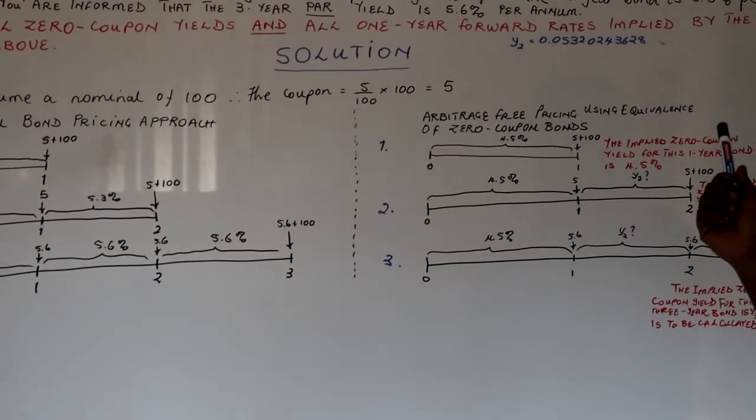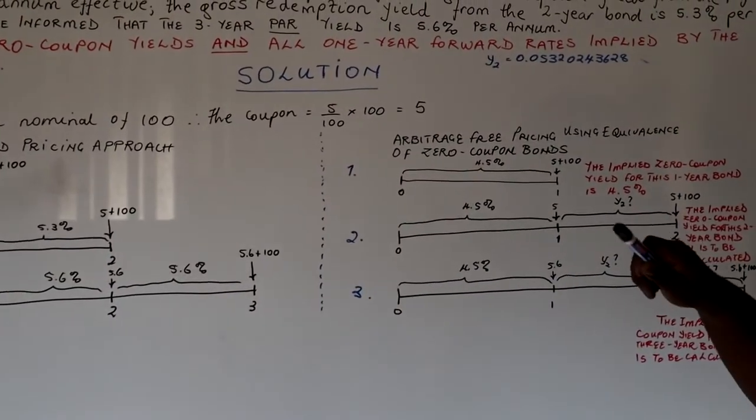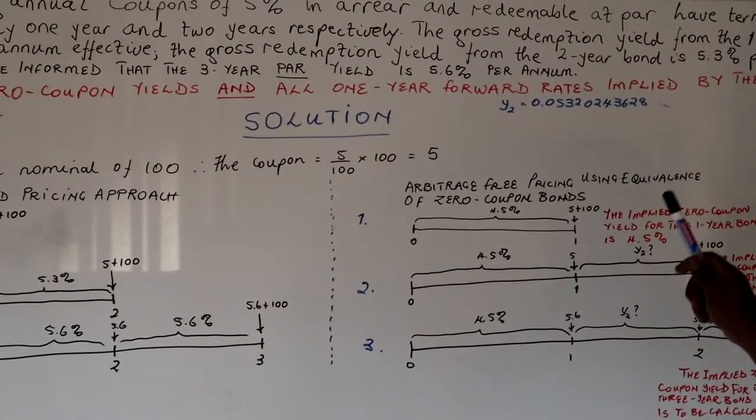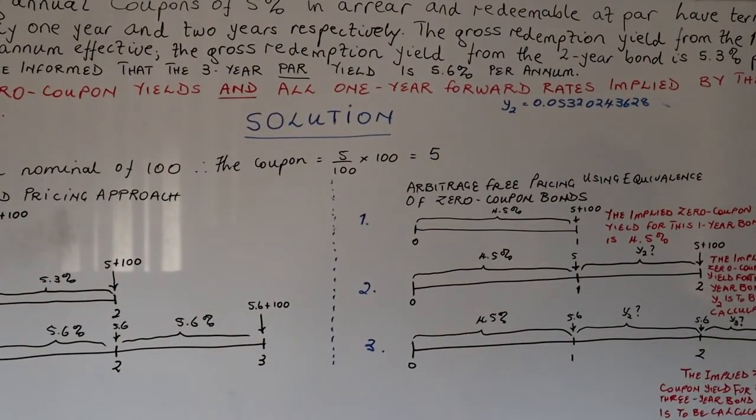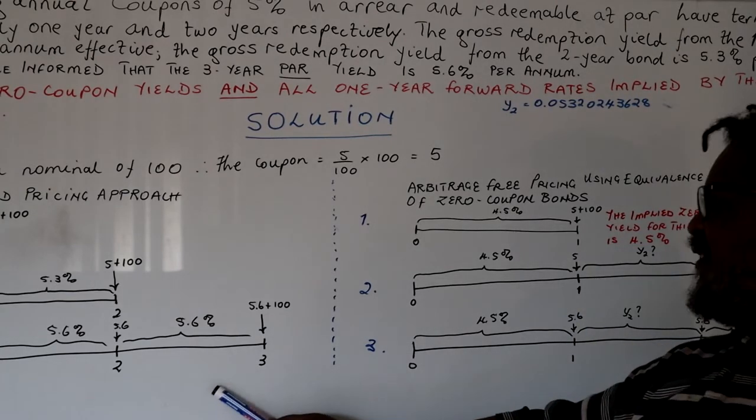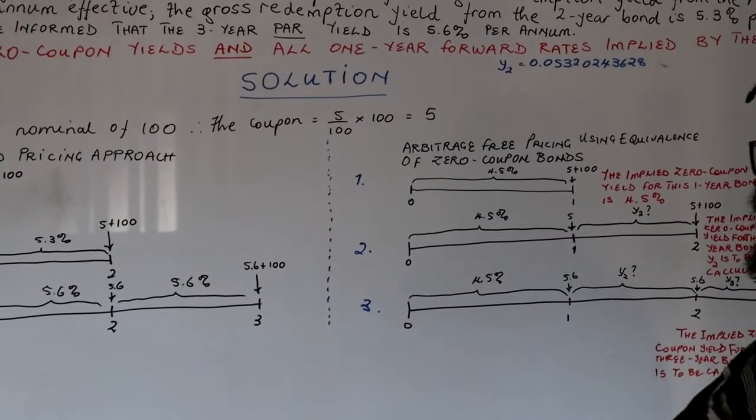You can round it off. I prefer working with the numbers as they are until the final solution, and I will do my rounding off on the final solution. So now we do the same using this scenario here and this scenario here.